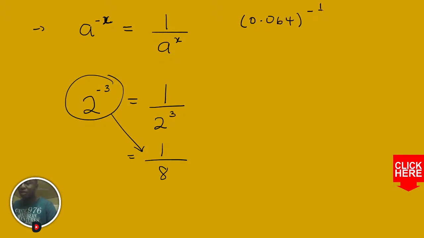So we have 0.064, all raised to the power negative 1 over 3. The first thing you need to do is get rid of the decimal. You're just going to change it. A decimal can easily be changed to a fraction.